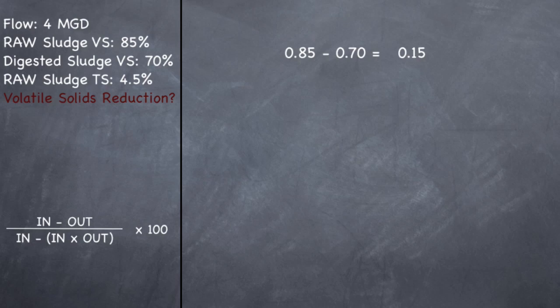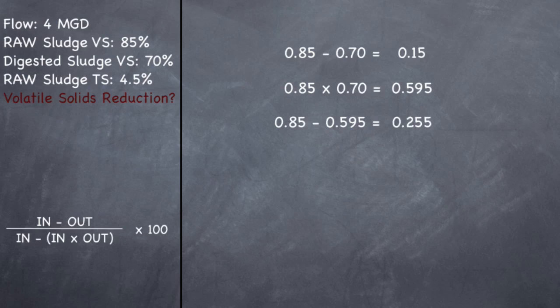Now let's do in times out. 0.85 times 0.7 equals 0.595. So that's in times out. So in minus in times out, 0.85 minus 0.595 equals 0.255. So I've discovered in minus out, and I've discovered in minus in times out.